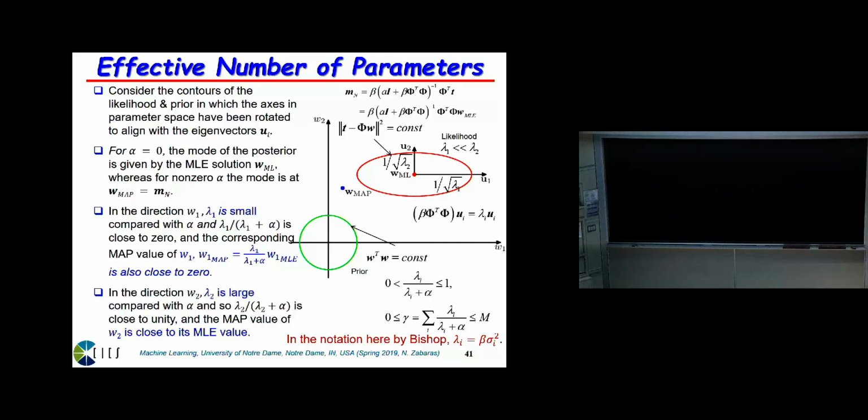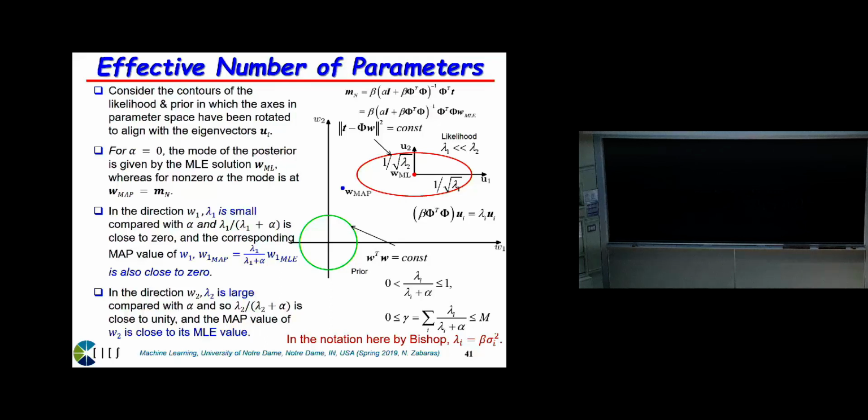Use your imagination. If you express things on this eigenbasis, would you agree that the relation of the component I of this with the I component of that will be lambda I divided by lambda I plus alpha?